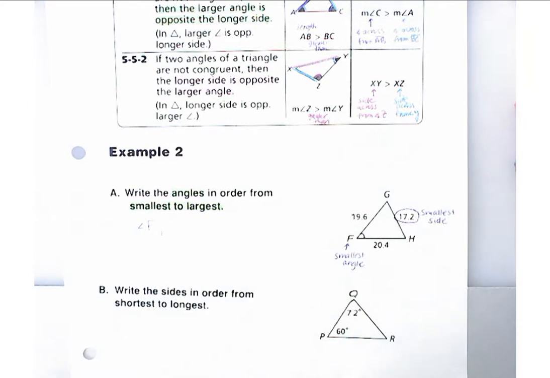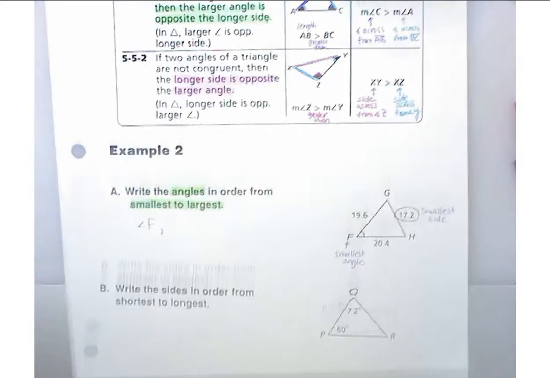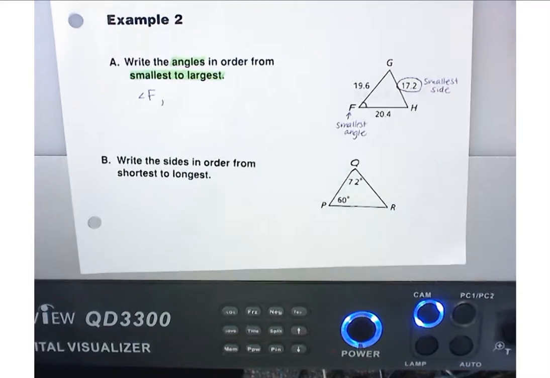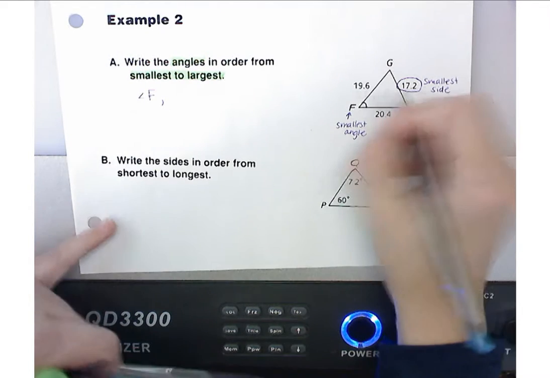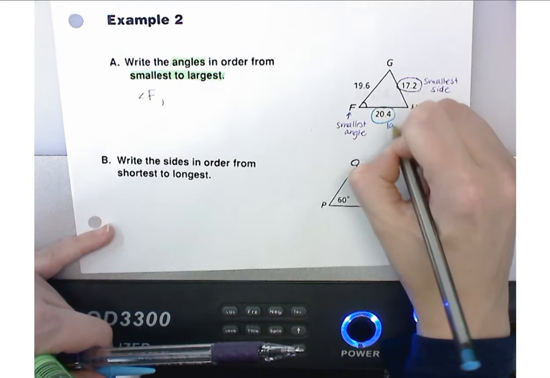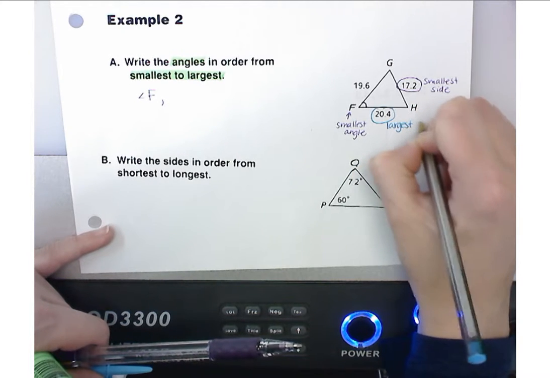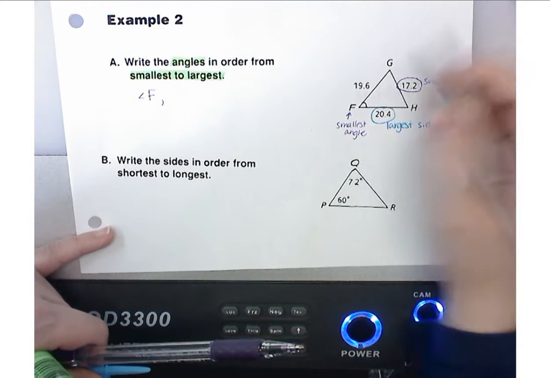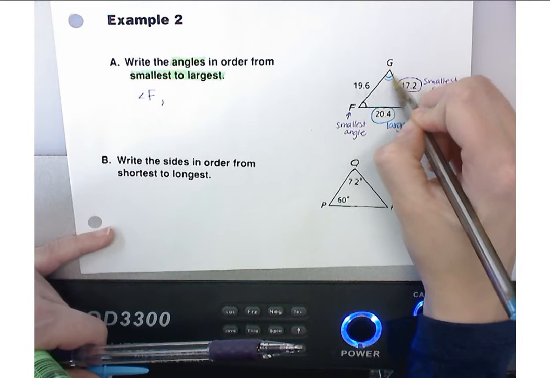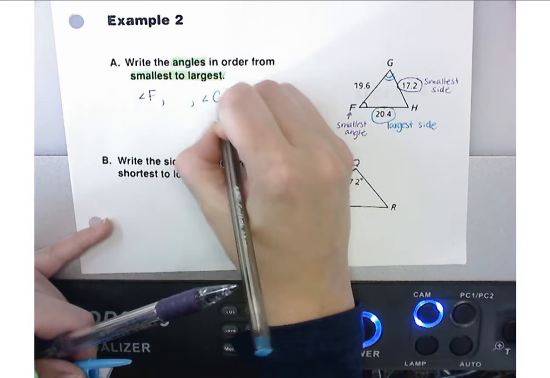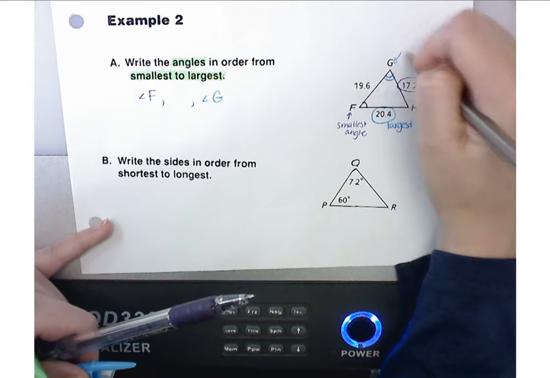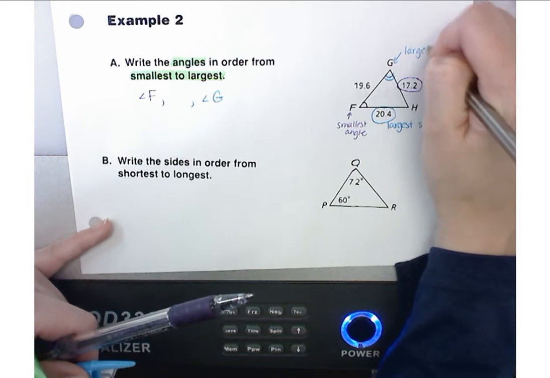So the next thing I would want to do is find the largest angle. If I'm finding the largest angle, I just have to find the largest side. Out of these three, this is the largest side. So the angle that is across from that is angle G. So I'm going to leave a space because angle G is going to be the largest angle.